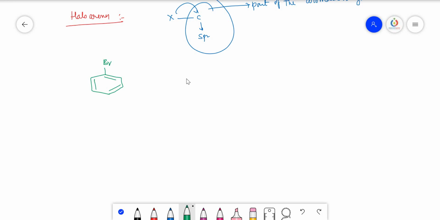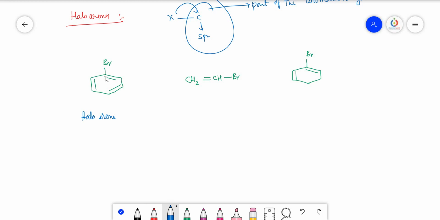bromobenzene, and let us take these molecules also. So in these molecules, if they ask you which is the vinyl halide and which is the aromatic halide, this is the aromatic halide, so this is the haloarene. Why?